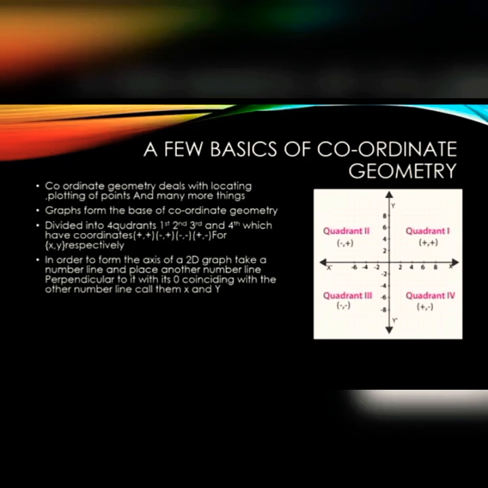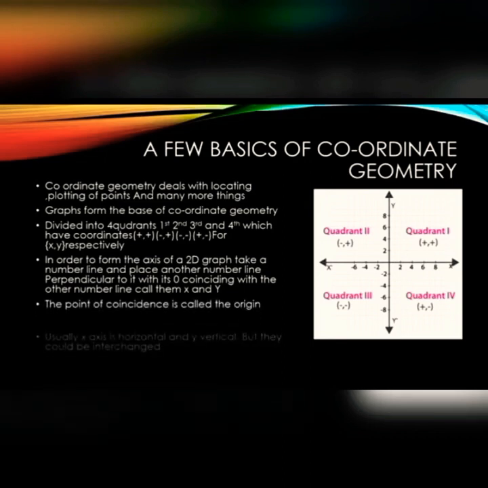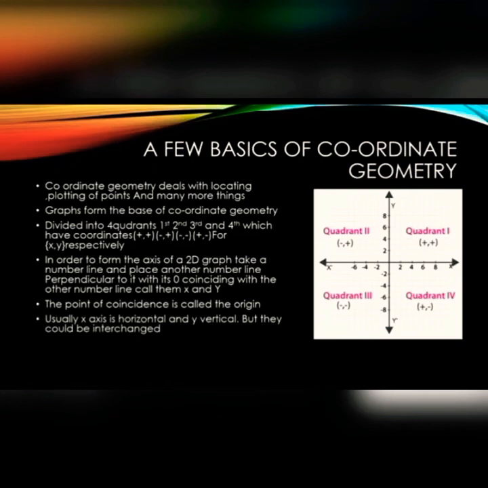The point at which the two number lines coincide is the origin, which has the coordinates (0, 0). Usually the x and y axes are horizontal and vertical respectively, but there is no specific rule that you have to consider horizontal as x and vertical as y only.